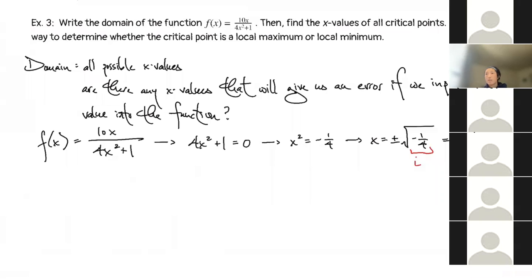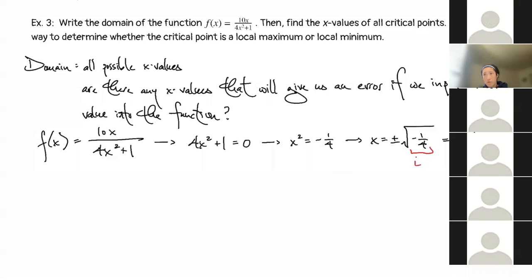I could do that, but I'm not plugging in imaginary numbers anyway. I can't see those on a graph. And so we have this inherent restriction when we're looking at domain that for the context of what we're looking at, we're working in the world of real numbers. And so if you wanted to simplify this, you better have an i over here.